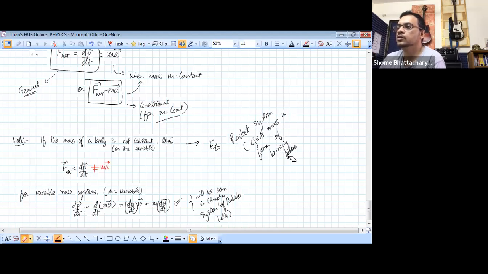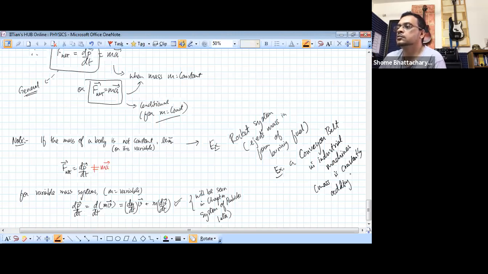Or a conveyor belt, where mass is constantly adding. We're continuously adding mass in that case.